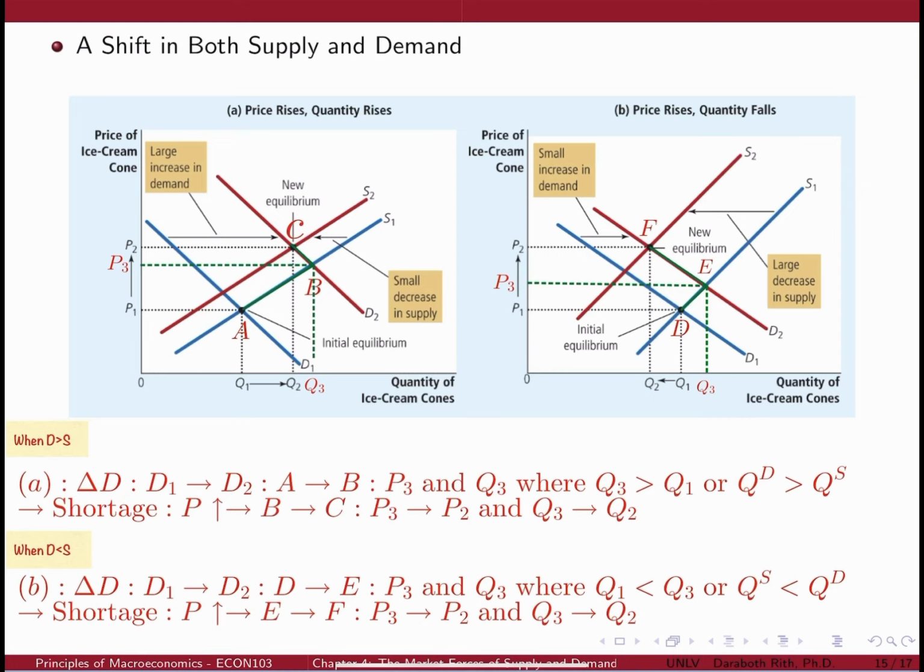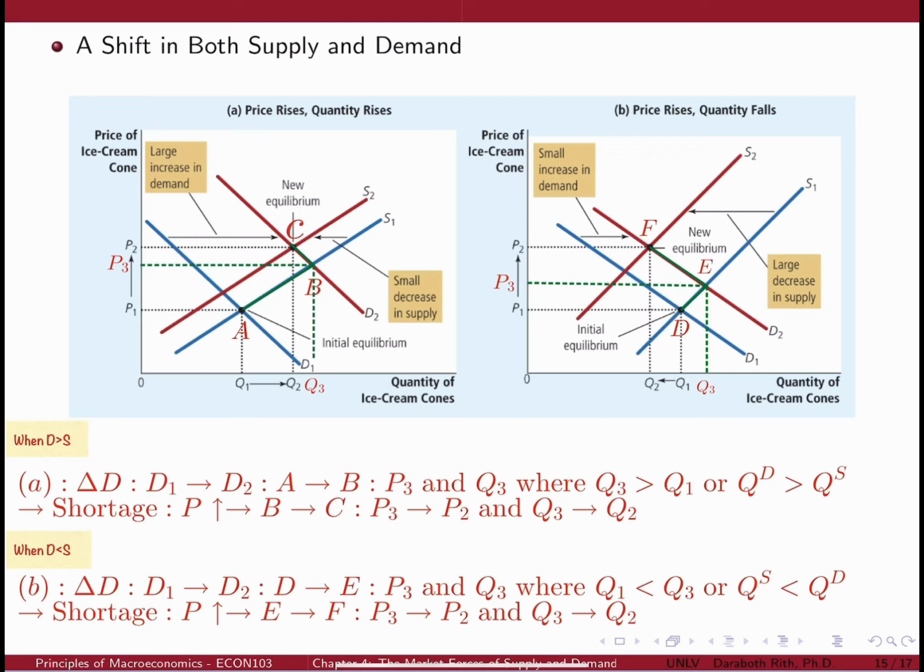Here I would like you to look at Q3, which is the quantity demanded, and Q1 is the quantity supplied. In such case, quantity demanded is greater than quantity supplied, so it creates a shortage, and the price has to increase. As price increases, the supply curve will also increase because suppliers are happy to supply more when they see that they can sell at a higher price.